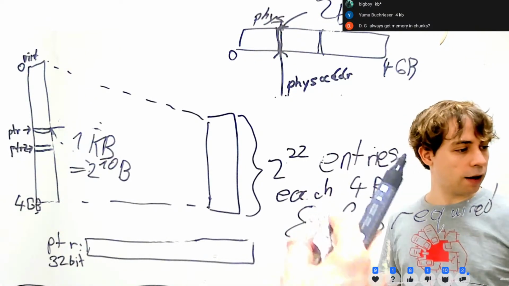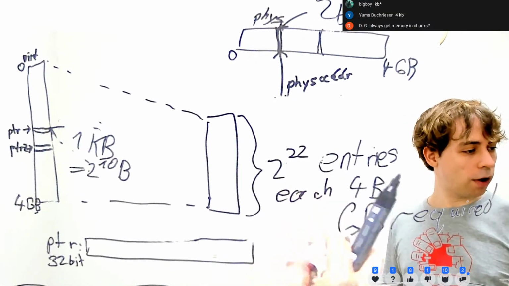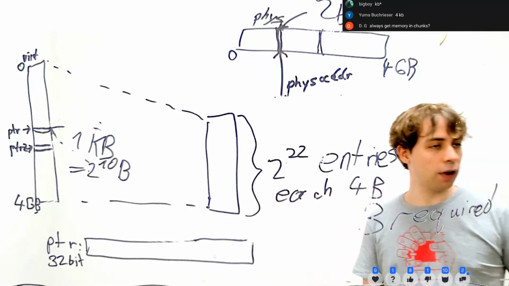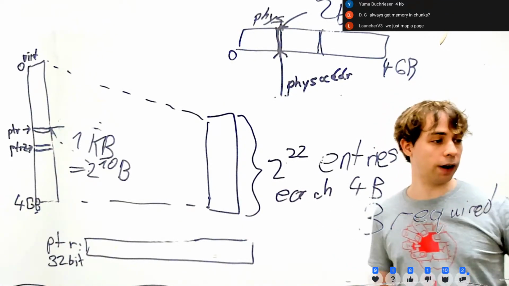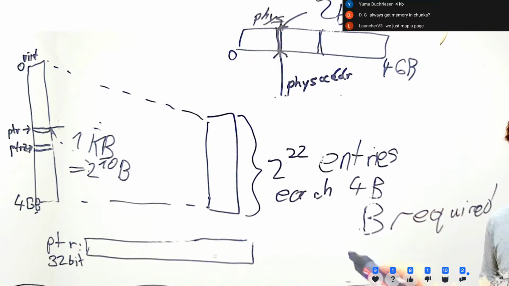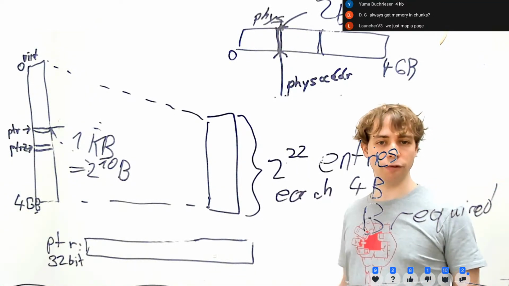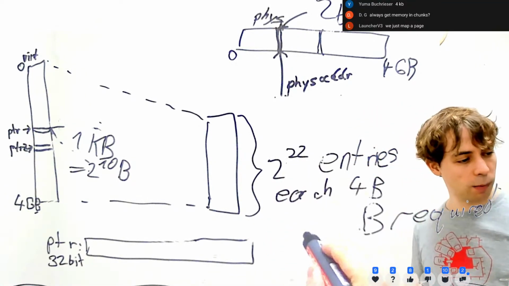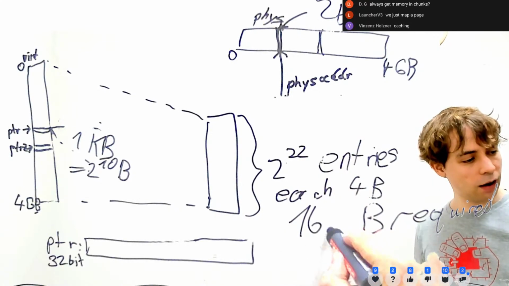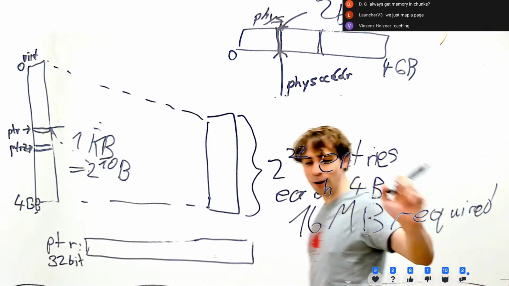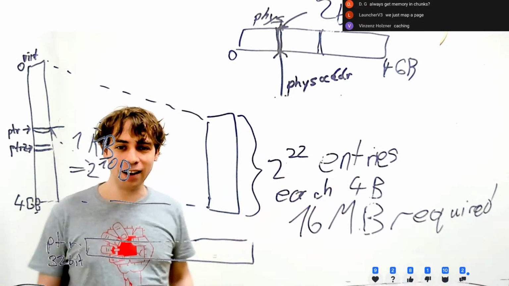And that means that we have 2 to the 24 bytes of data overhead per process. So this is already a lot nicer. 2 to the 4 is 16, 2 to the 20 is a megabyte. So this would be 16 megabytes. Oh, this is a lot nicer.